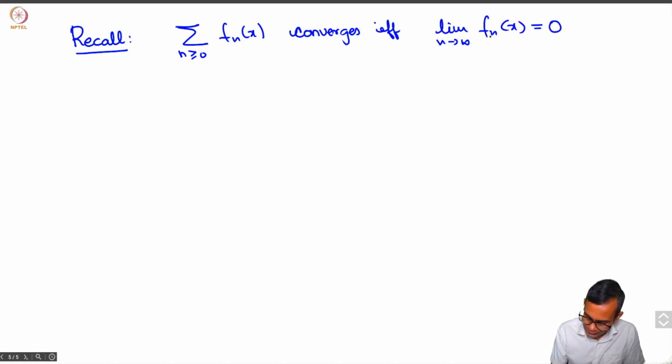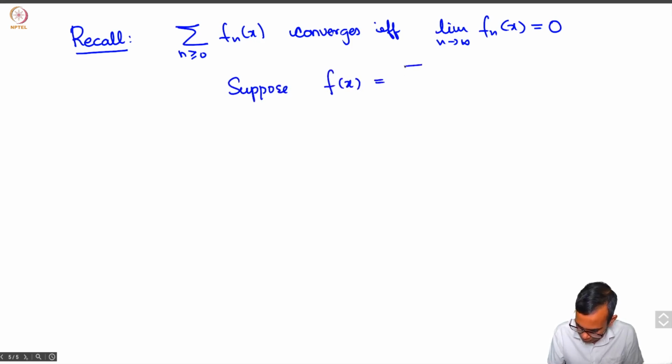What this means is that, so there's no topology on the field of coefficients here, and all we are saying is that the coefficients, so suppose we have f_n(x) equals the summation over m greater than or equal to 0 of a_{m,n} x^m.